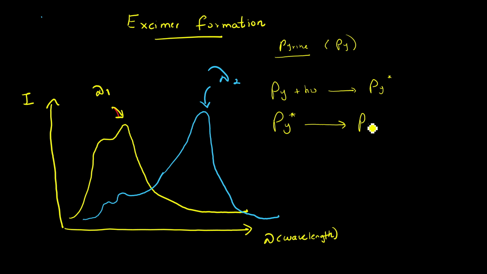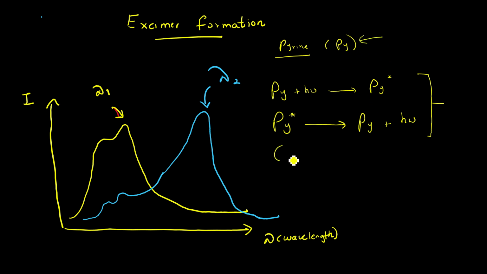Now here we have the pyrene in the ground state. This is the ground state. When this process happens, it will release energy. This is the normal process which we would have observed in the photochemistry of pyrene, right?